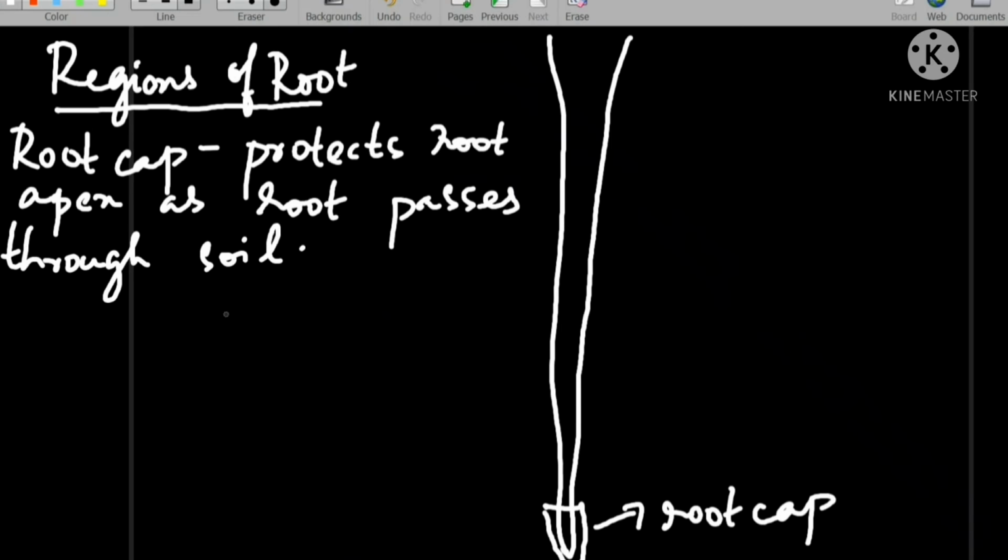So there are three regions present on the root. The part where there is the root cap and above that, the cells divide as they have meristematic tissue.